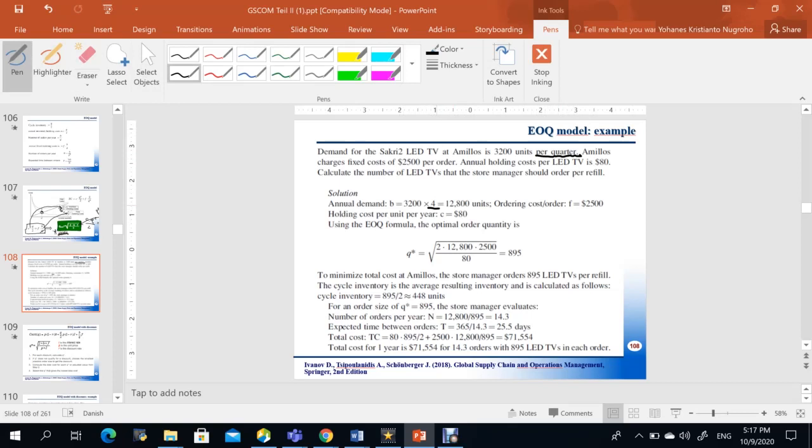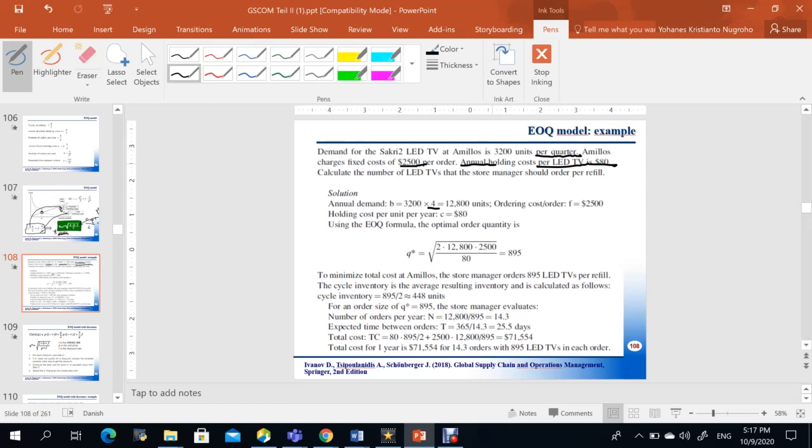Therefore we have 12,800 units per year. The ordering cost, that is F, equals $2,500. The holding cost per unit per year is 80.